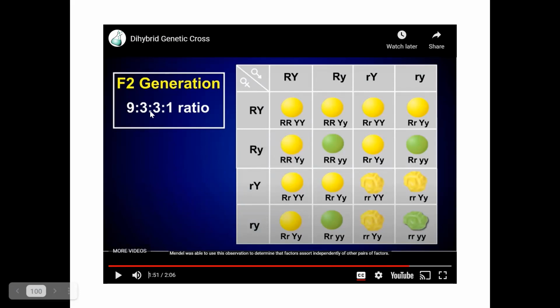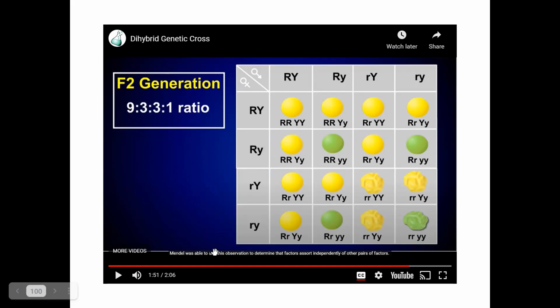That ratio means 9 of the yellow round, 3 of the green round, 3 of the yellow wrinkled, and 1 of the green wrinkled.